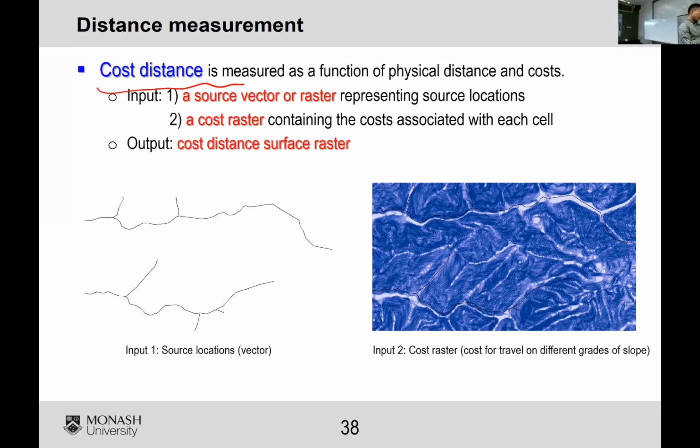Of course, we still have the input of the feature. Same here, it is the road network. But now we have another input, which is in a raster model, showing in each location on this map what is the cost to travel. And this depends, in this particular case, on the grade of the slope.